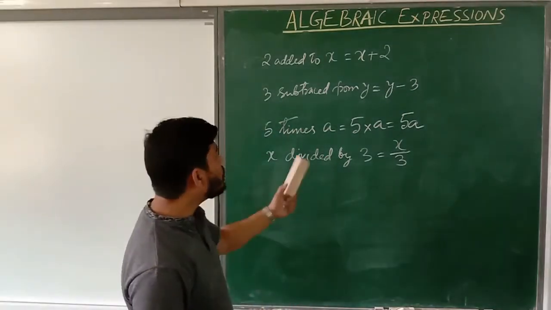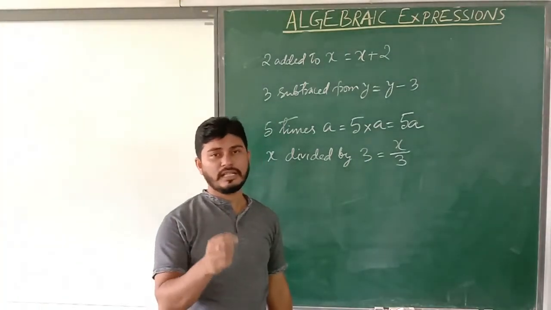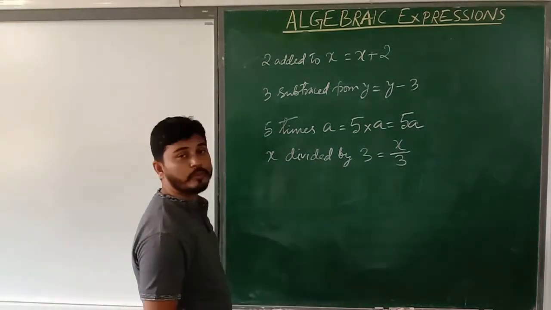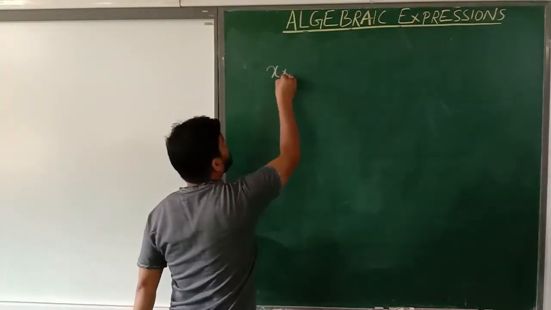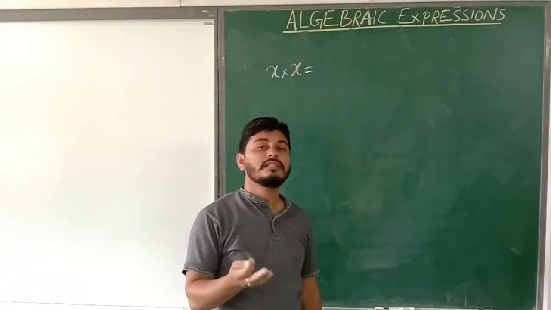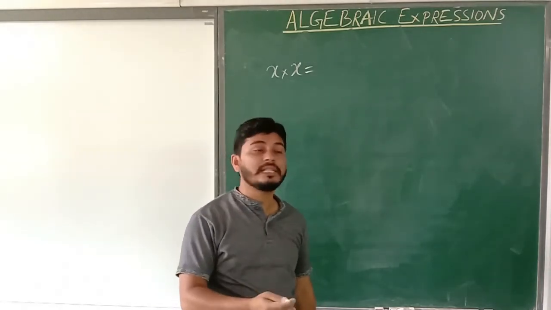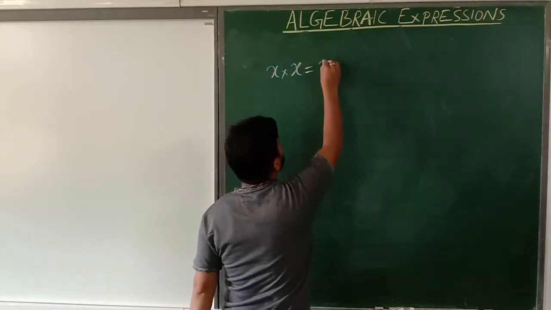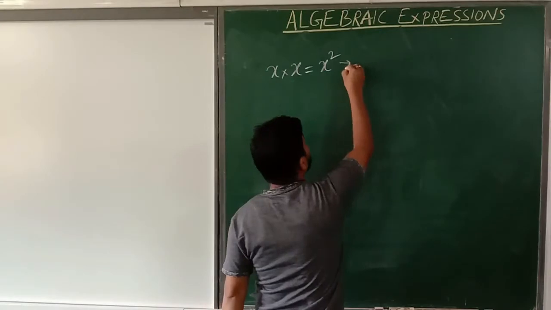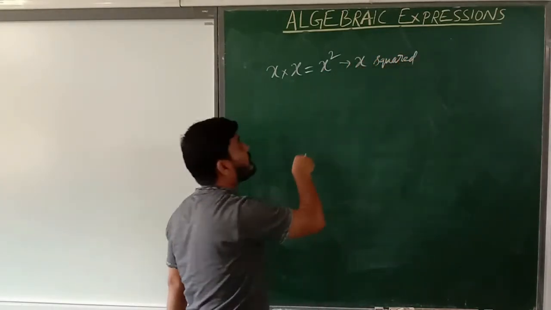Now one more thing, variables also can be expressed in terms of exponent, which is called exponential form. If x multiplies 2 times, that means one particular variable multiplies repeatedly, then it can be written like this, which we read as x squared.